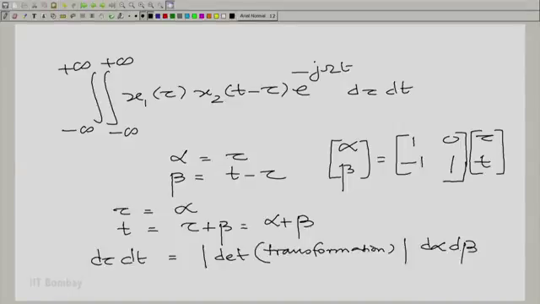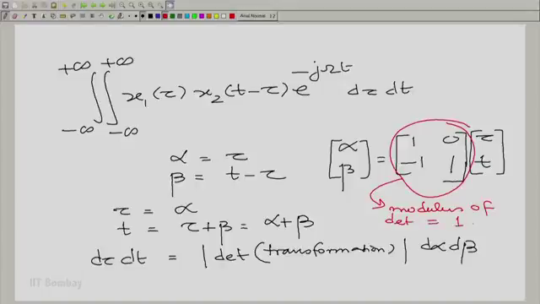And as you can see, the modulus of the determinant of this transformation is equal to 1, which means that d tau dt is the same as d alpha d beta.